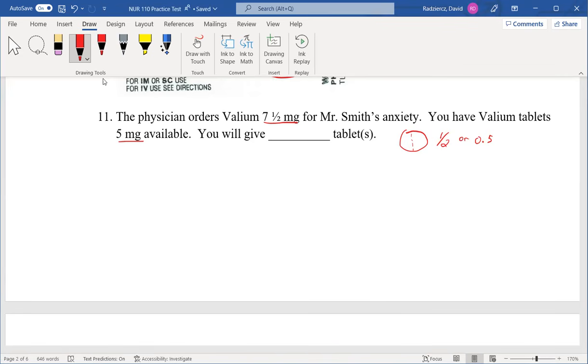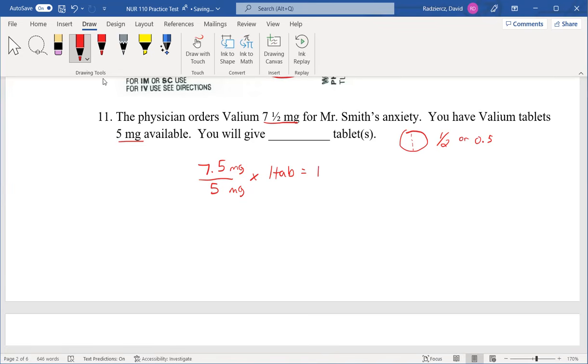So 7.5, most people don't like to do math with fractions, especially when you're already dividing by something. So 7.5 over 5. So I'm just doing my order over half times my tablet. And 7.5 divided by 5 gives you 1.5.